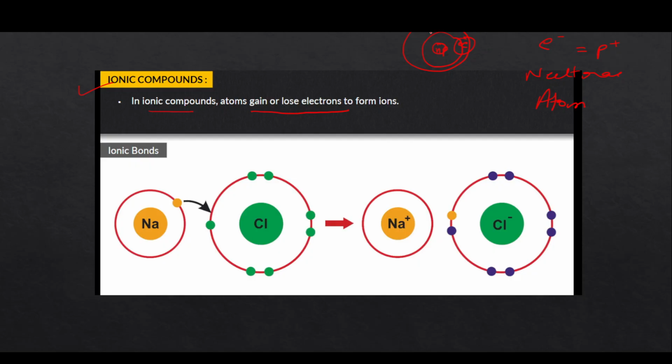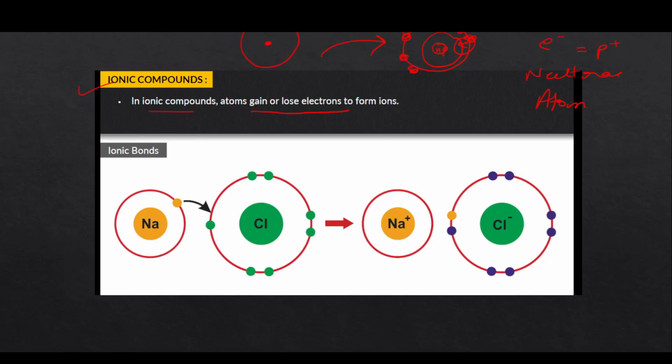But suppose this has 7 electrons, 1 2 3 4 5 6 7. So to become stable, to completely fill their shell, they need one more electron. This atom requires one more electron.